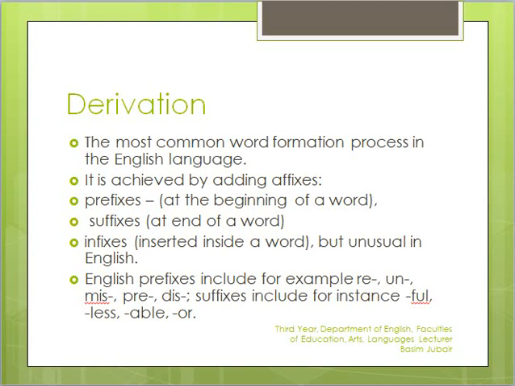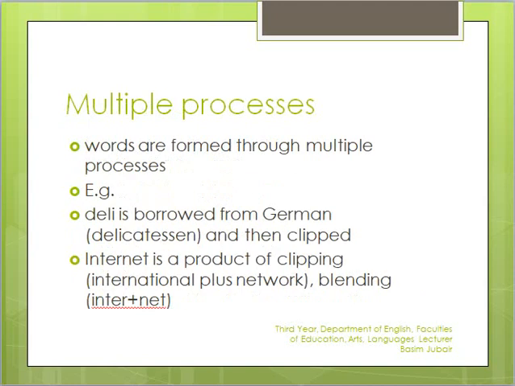Suffixes such as full, less, able, or, and so on. The derivation is detailed in the next chapter, in the lectures to come. However, we can say that derivation is one of the most significant processes through which language can be enriched with new words.